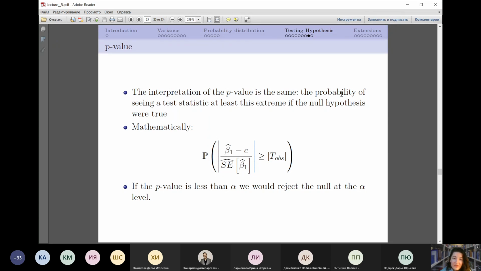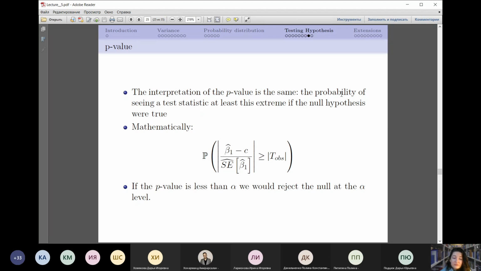It doesn't mean that with 95% probability the alternative hypothesis is true, because the significance level is unrelated to the truth or falsity of the alternative hypothesis. The significance level is only about the null hypothesis.